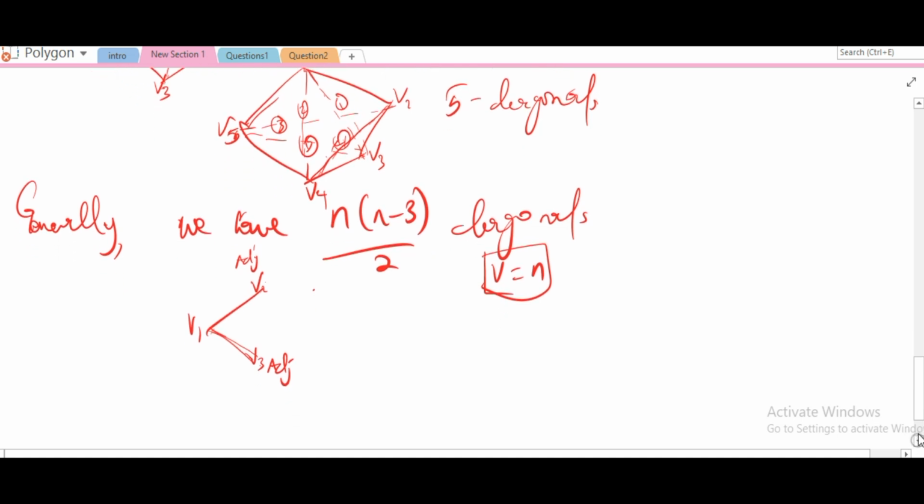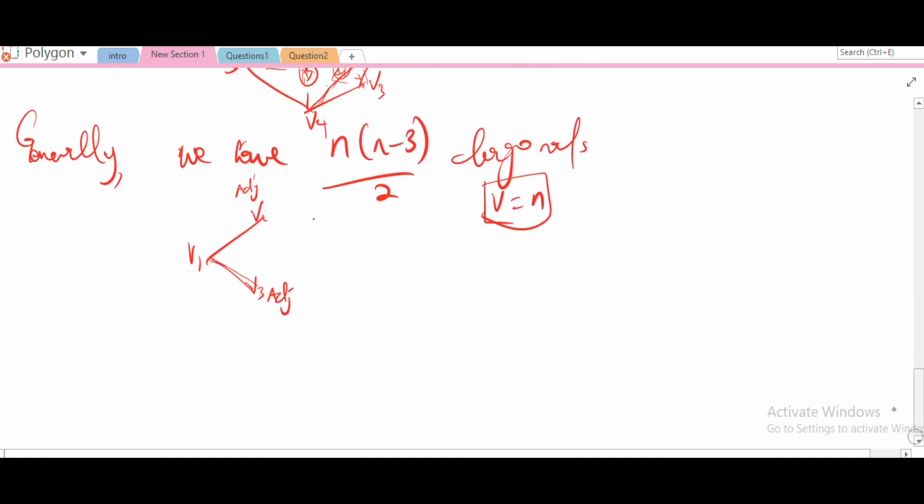So whenever you're asked to find, let's test using it. Let's test the ones we've solved. So for pentagon, we have 5 minus 3 times 5 over 2, which is 5.